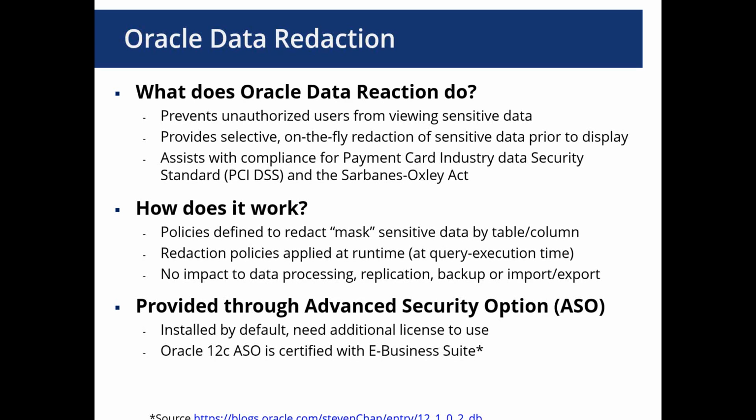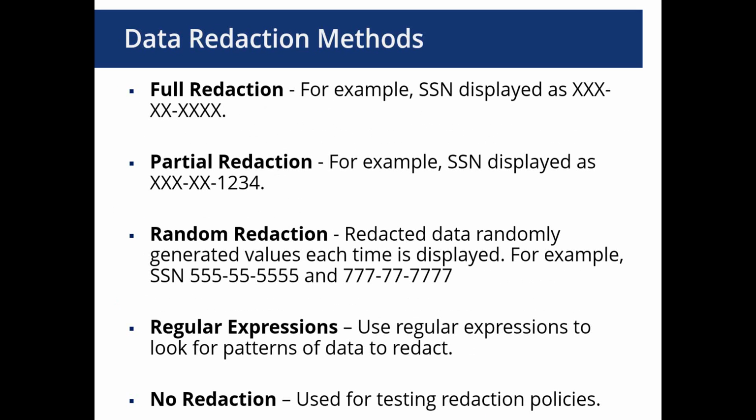More information here on the certification through the ASO. I put the link to Steve Chen's blog there. But we do have a few things to keep in mind. As far as data redaction, it gives you the ability to do full redaction, partial redaction, as well as a means to test. And so I think this is straightforward.